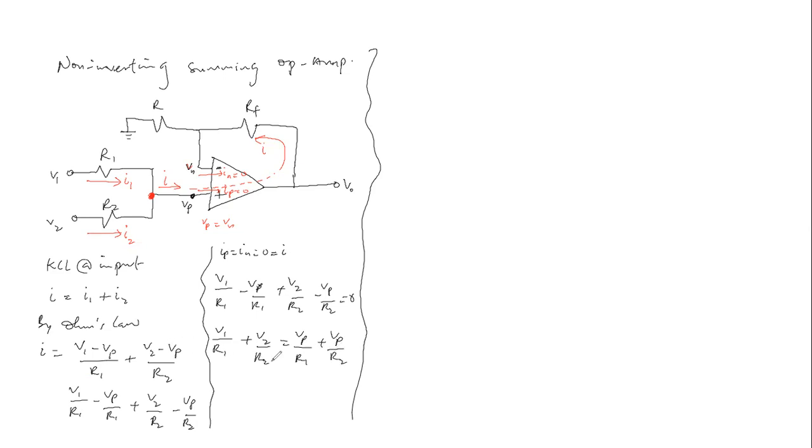And if we take the LCM on both sides, this will be R1 R2, this will be V sub 1 R2 plus V sub 2 R1, then it will be equal to R1 R2, so this will be V sub P R2 plus V sub P R1.